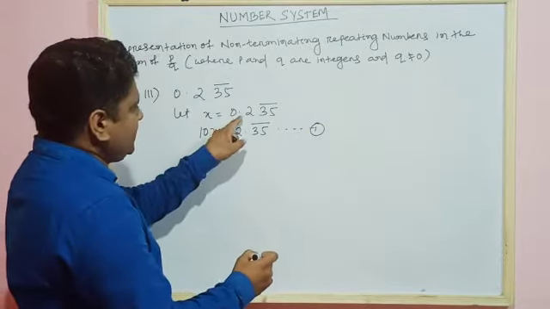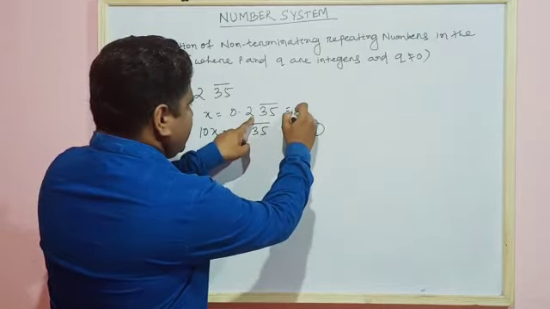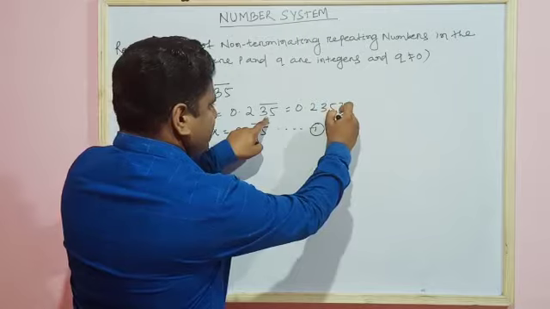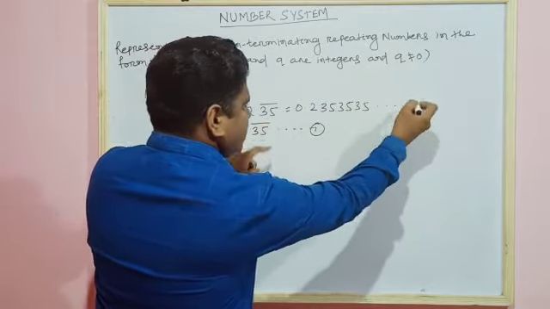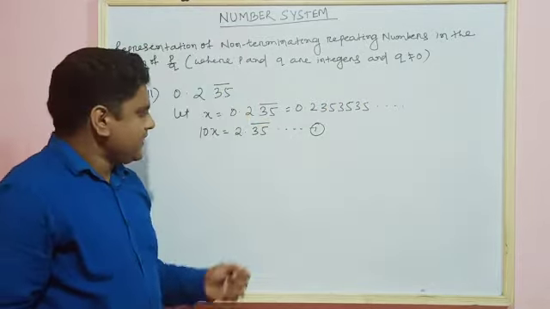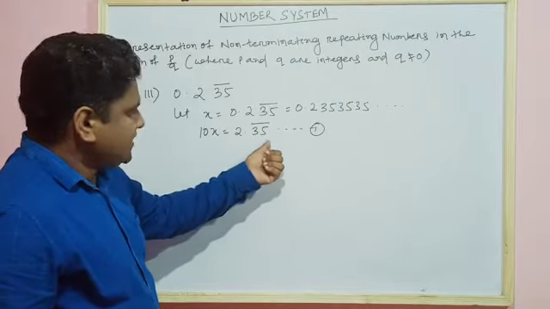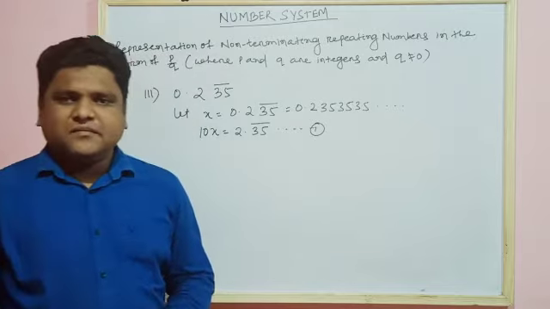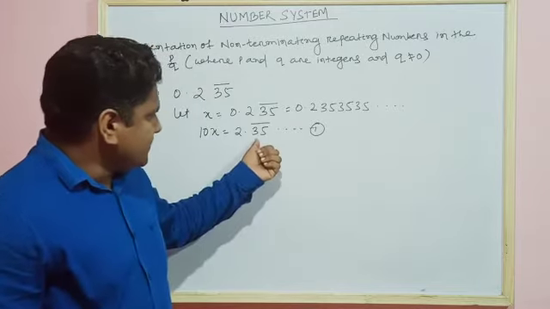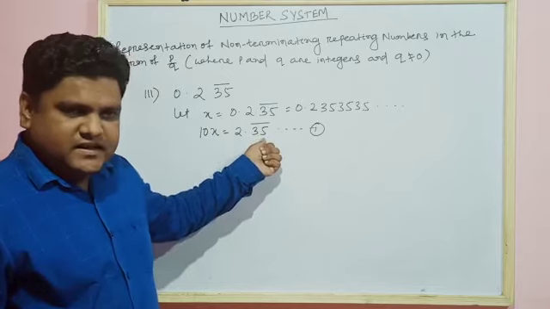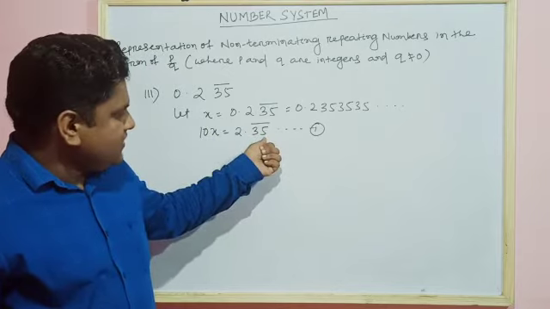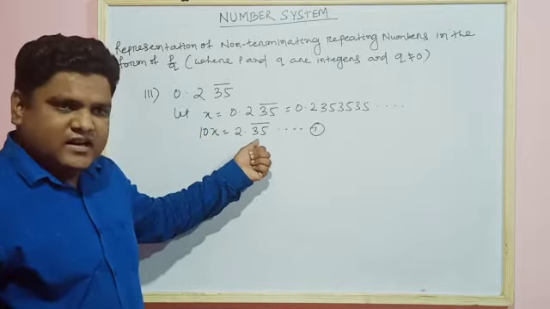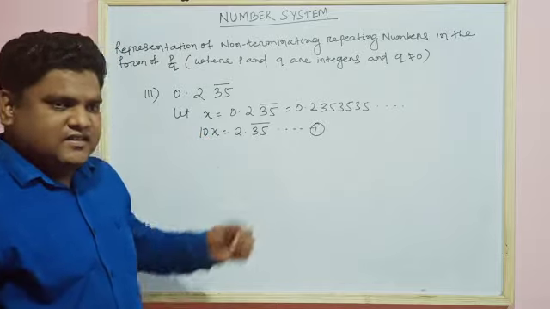This one, 0.235 bar, can be written as 0.2, bar is present on 35, so 35 is repeated. 10x equal to 2.35 bar. Now see on how many digits bar is present in this equation. On 2 digits bar is present, so we must multiply 100 with this equation on LHS and also with RHS.